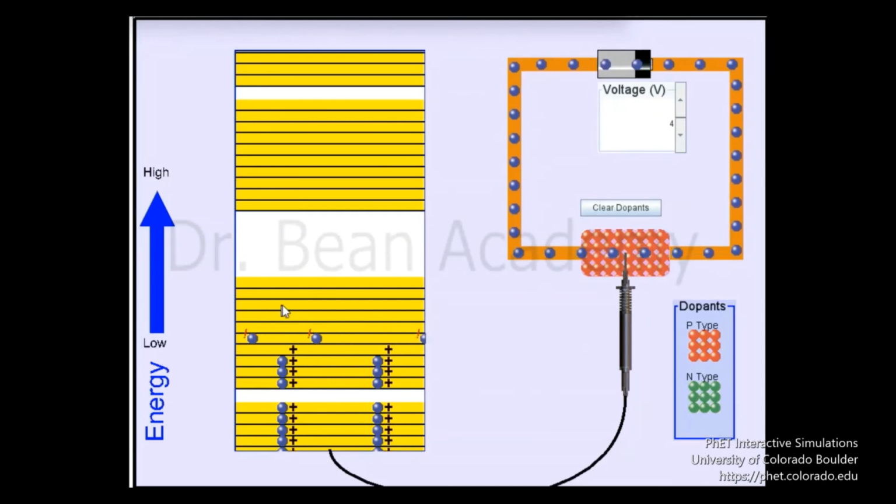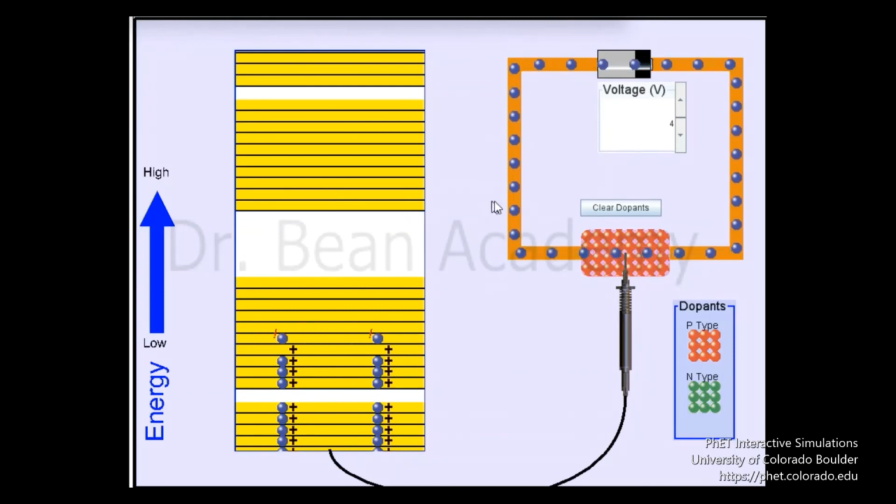But here what I can see is that the electrons are flowing and current is flowing through the p-type semiconductor, and I have applied a 4 volts voltage across the material, but electrons are flowing inside the valence band. Here is the conduction band, and they should go to the conduction band and then they should flow through the material, right? This is how we usually consider the current flows through the material.